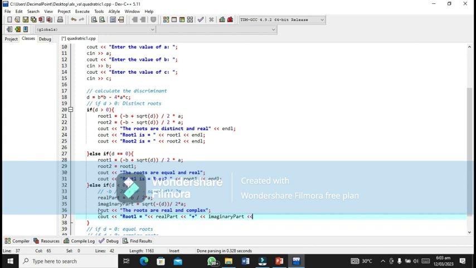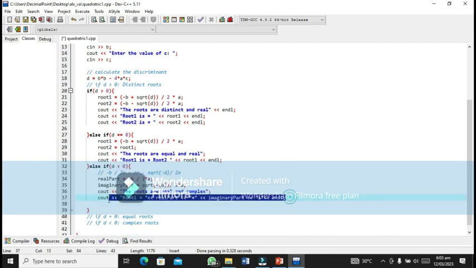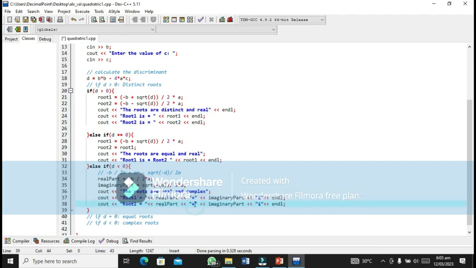Then you also concatenate the imaginary part with i, then you can end line, and we do the same thing for the second, but the only difference is that this is going to have minus instead of plus. So we now have root 1 equal to real part plus imaginary part concatenated with i, and the only difference for the second is the minus.